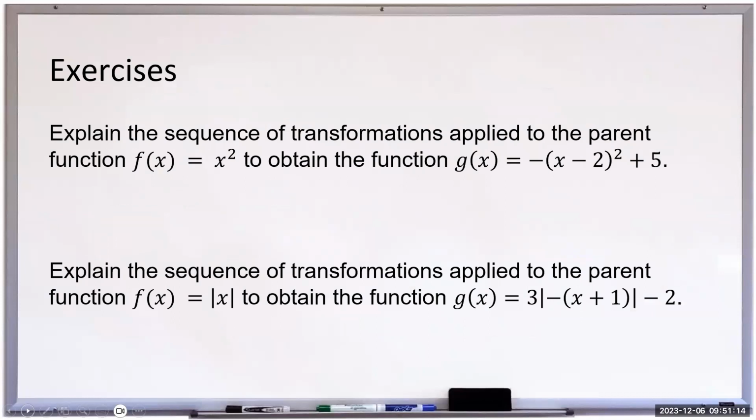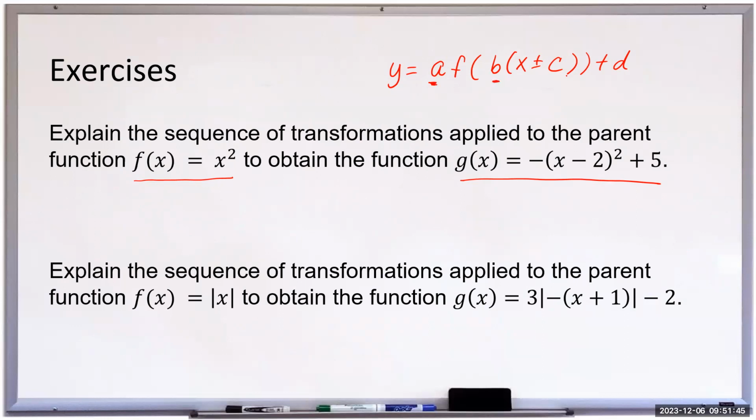So, exercises, if we want to combine different types of transformation. Number 1: explain the sequence of transformations applied to our parent function f of x to obtain g of x. Okay, so again, our big picture is this one: a times f of b times (x plus or minus c) plus d. a is vertical dilation, b is horizontal dilation, c is horizontal translation, and d is vertical translation.